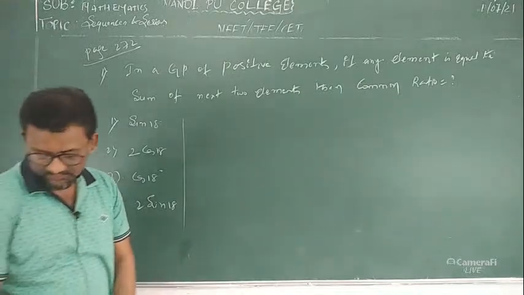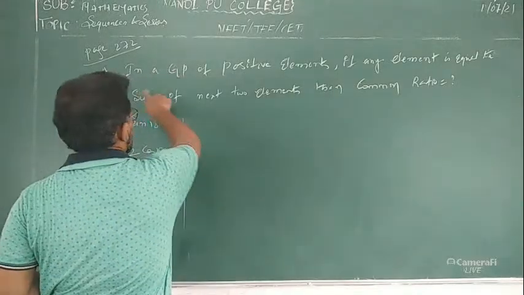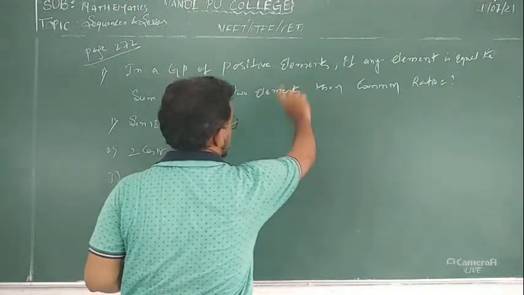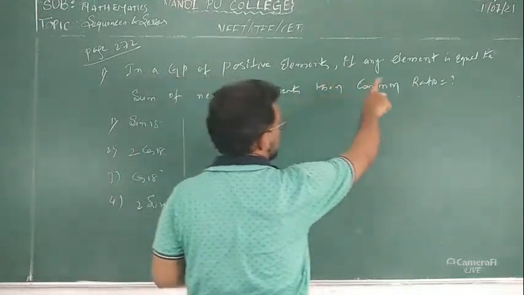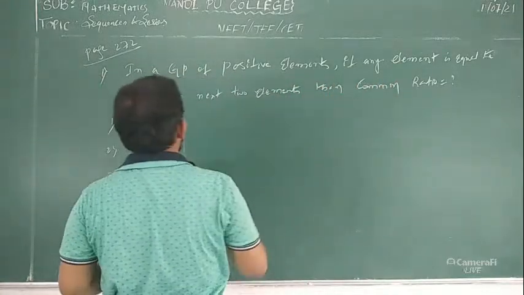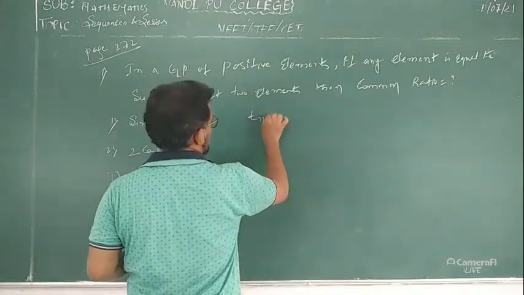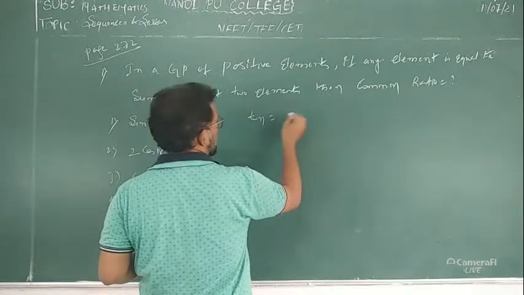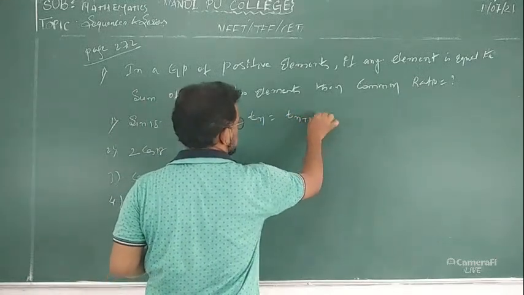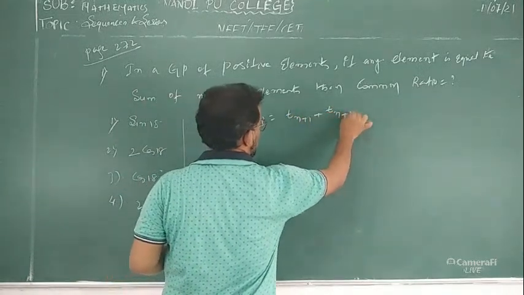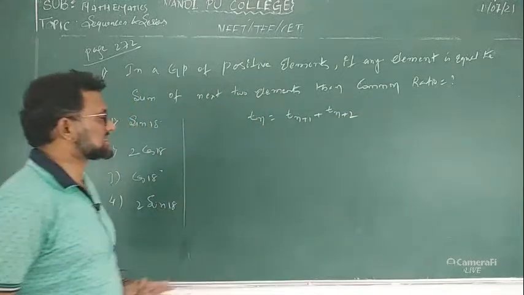So have a look here. What he says is that in a GP of positive elements, if any element is equal to the sum of the next two elements, for example Tn, the sum of the next two elements are nothing but Tn plus 1, Tn plus 2. This is the information given.